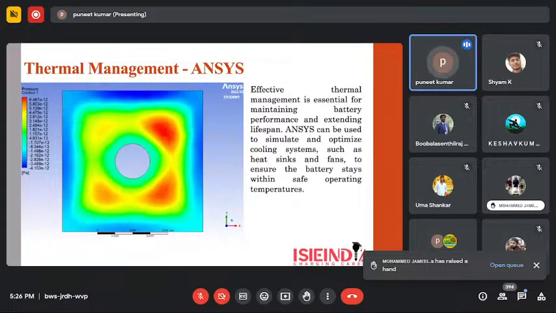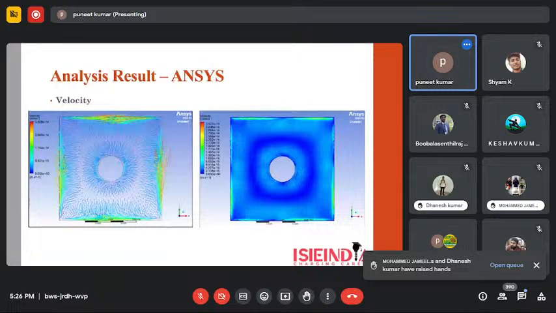If you have a single cell, your temperature result doesn't make much sense. In that case, the pressure and velocity graphs make more sense than the temperature. So in the analysis result, there is one velocity aspect as well.